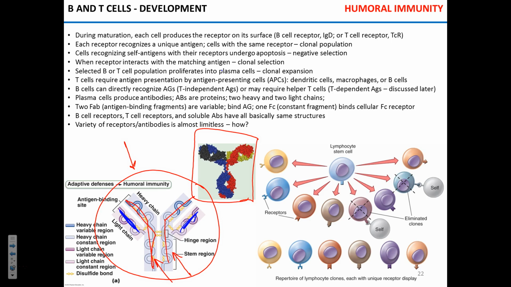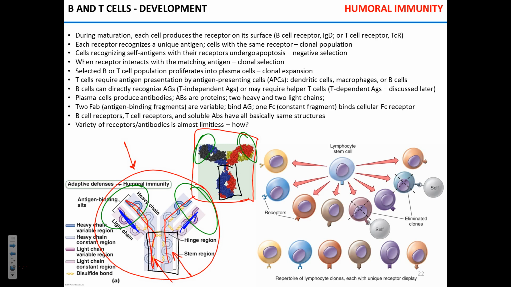If you look at the molecule of antibody as a whole, you will see that the molecule has three distinctive fragments. Two FAB fragments that will be here, and one FC fragment.